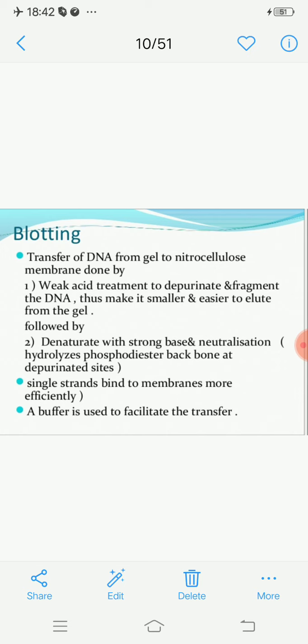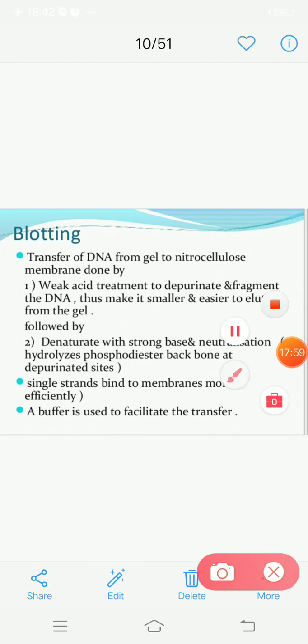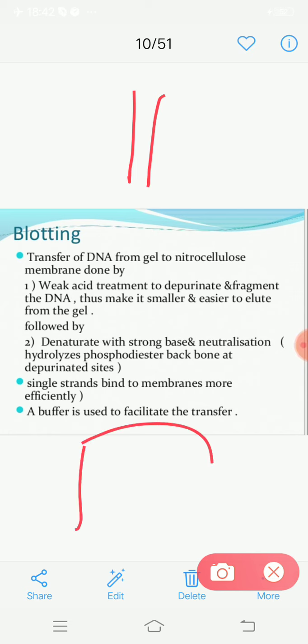Then neutralization occurs. What does this mean? Hydrolyze the phosphodiester backbone at the depurinated site. First of all, what does depurination mean? Suppose this is your DNA molecule, and this is your agarose gel on which the fragments are separated. These are the DNA fragments.